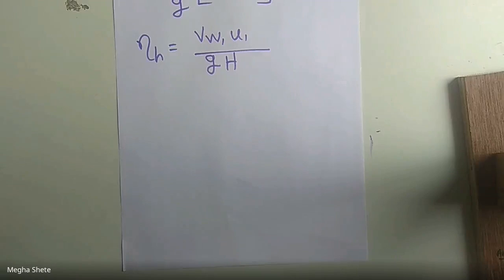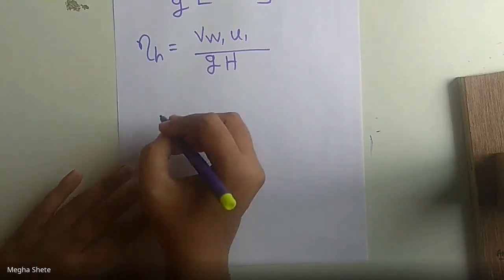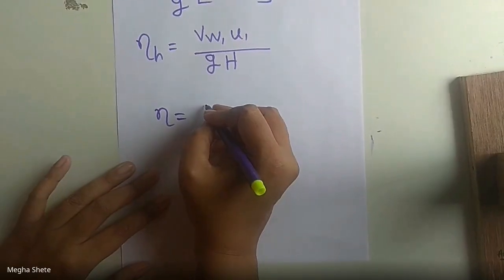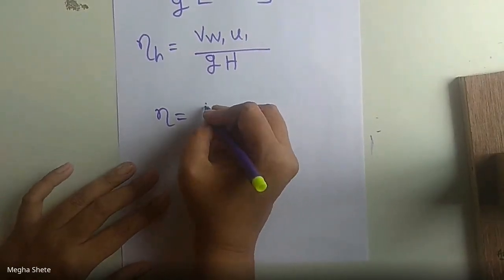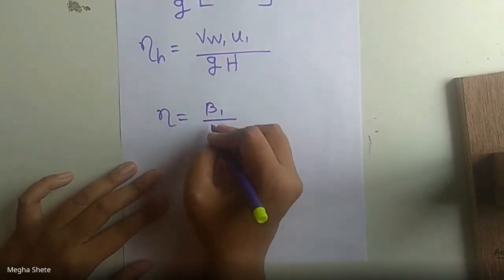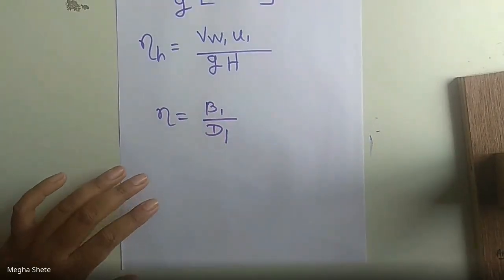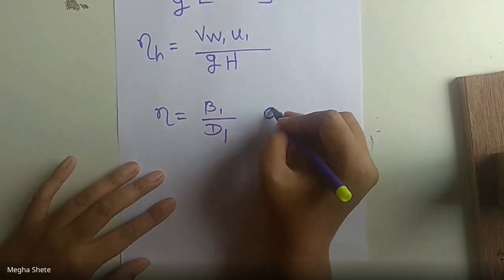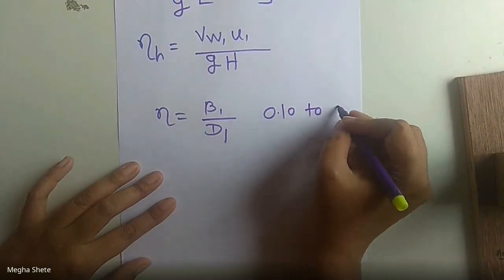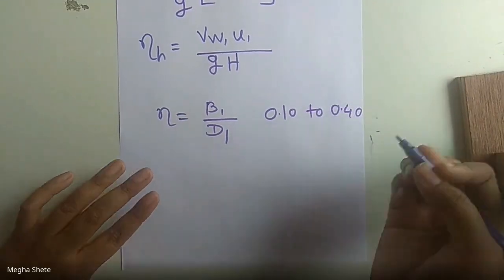Now, some important relations for the Francis turbine. The ratio of the width of the wheel to its diameter is given as n is equal to B1 divided by D1, where n varies from 0.10 to 0.40.